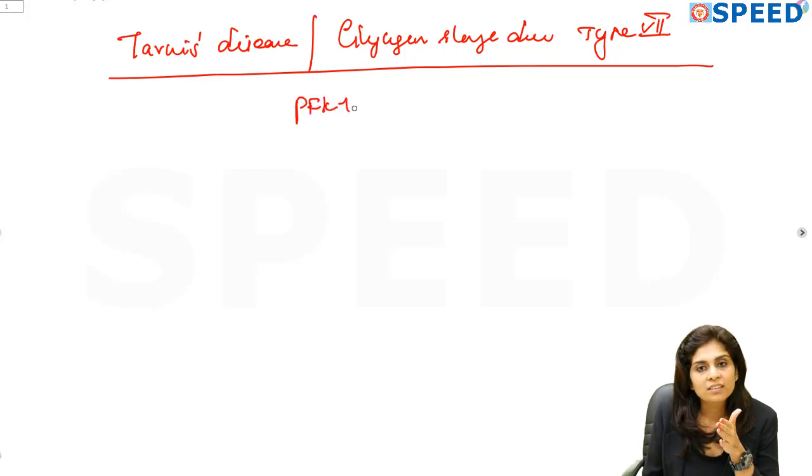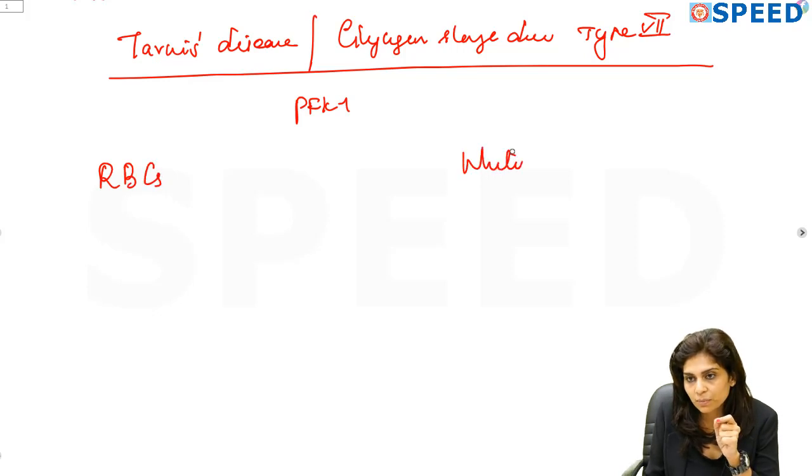So suppose you are asked, what do you think will be the manifestations of Tarui's disease? And you're given a fact that's a defect of phosphofructokinase 1, the rate limiting enzyme of glycolysis. Your answer is going to be very simple, because glycolysis is indispensable for RBCs and for white muscle fibers.